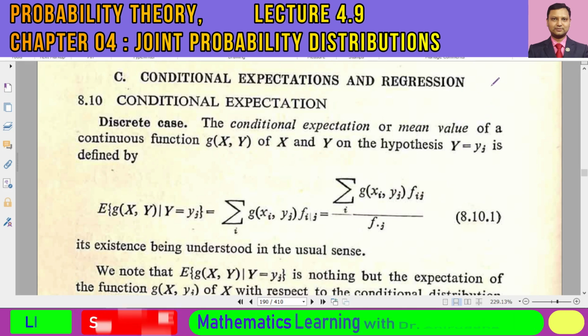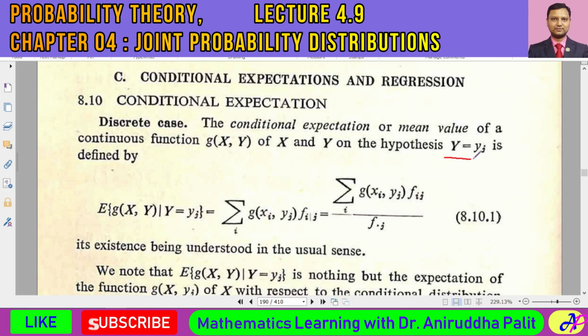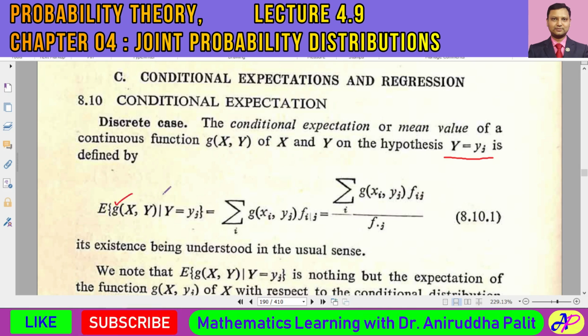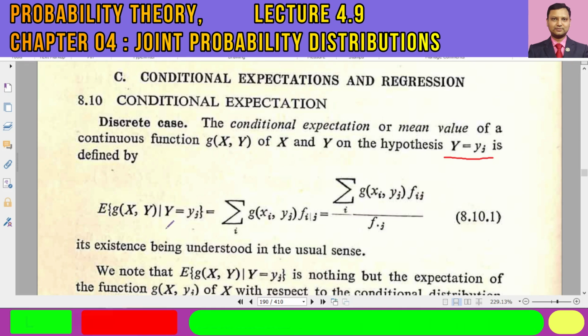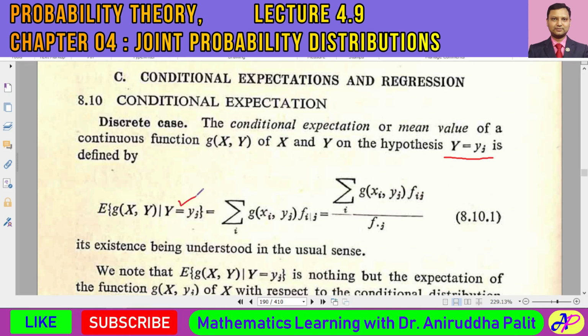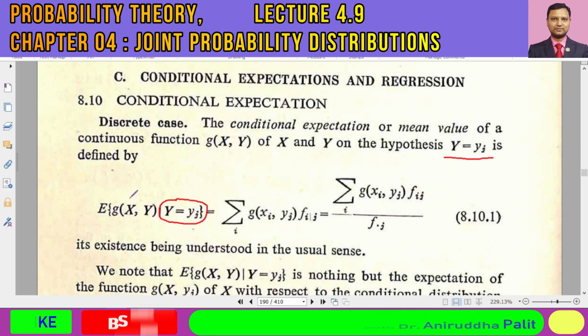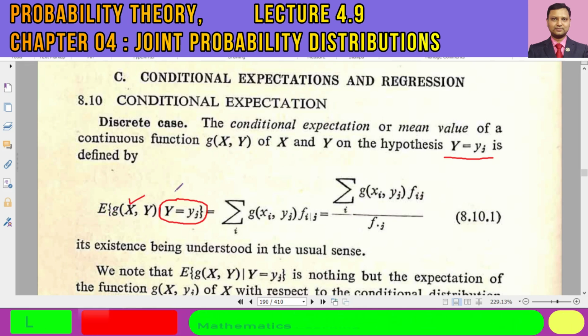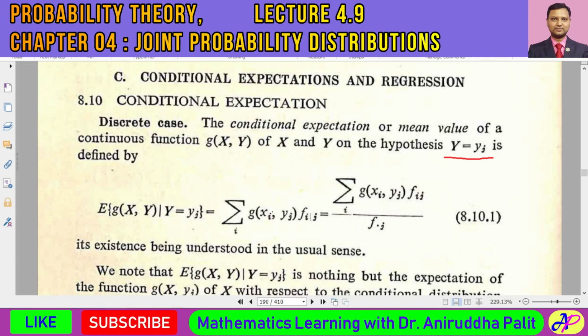Now in this distribution, when it is given that Y is equal to yj, the expectation of this kind of function g(X, Y) given Y equal to yj is defined in this way, as a summation. Whenever Y equal to yj is provided, the only unknown variable is X. So here we are computing the expectation from the conditional distribution of X. The summation should be taken over i.